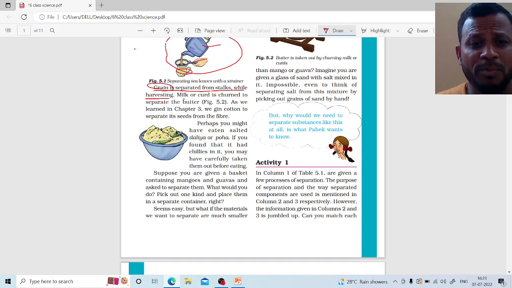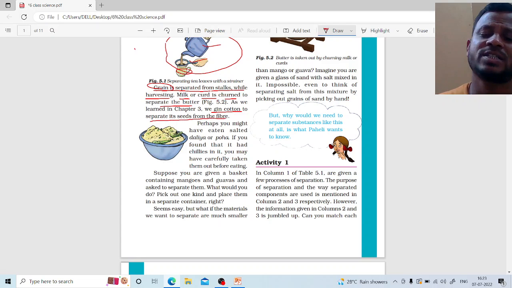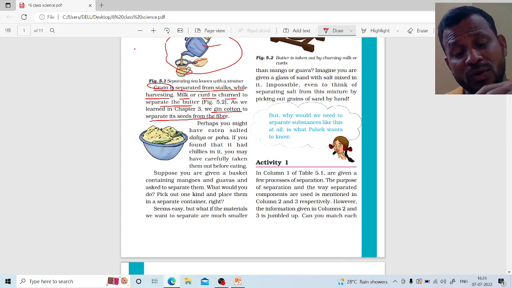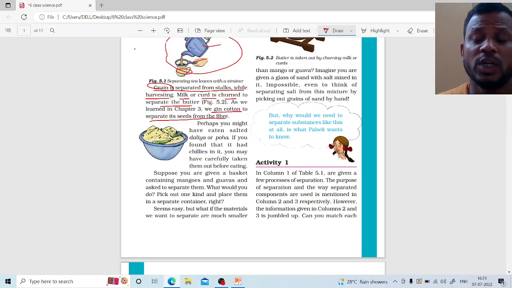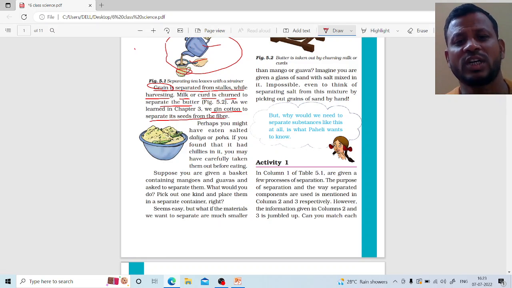Look here, milk or curd is churned to separate the butter, right? As we gin the cotton to separate its seeds from the fibres, we separate the cotton from the cotton seeds.